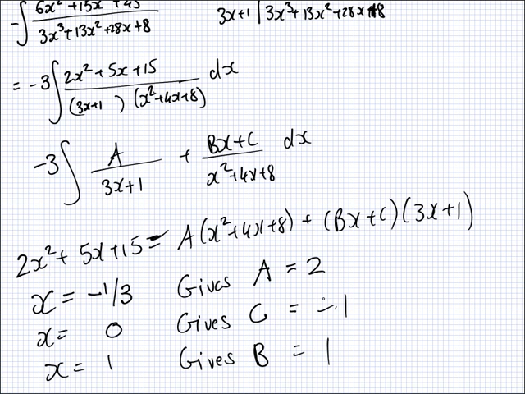I might have the answer. No. B is 0. What is A? A is correct, it's 2. C is also correct. My B is wrong. B is 0. Why? Now let's check it.